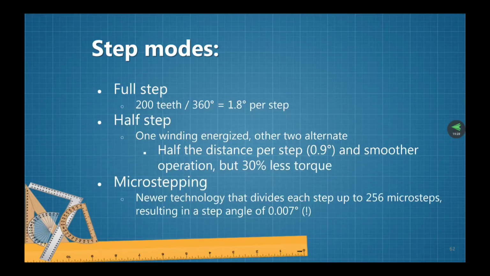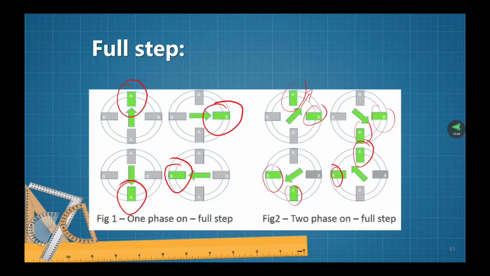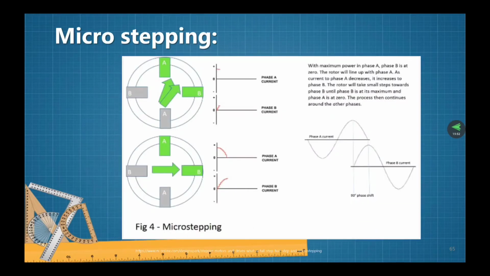And for microstepping, this is the new technology that divides each step up to 256 microsteps, resulting in a step angle of 0.007 degrees. So for microstepping, there are very little steps per phase, with maximum power in phase A and phase B at 0.